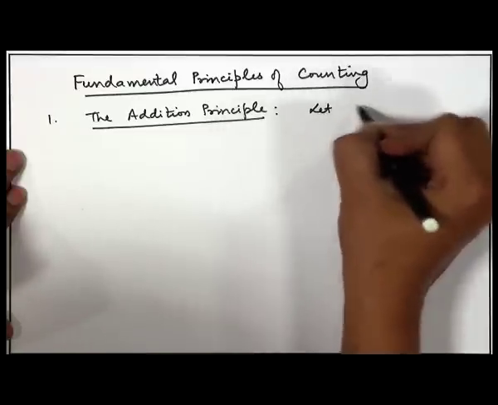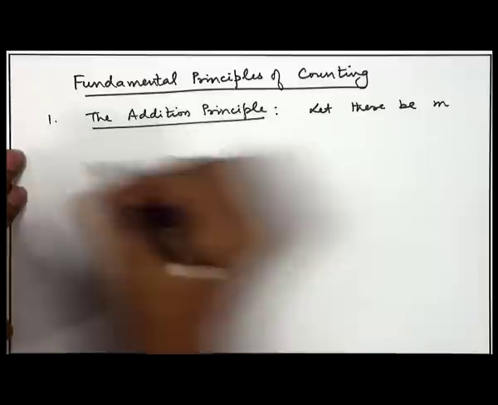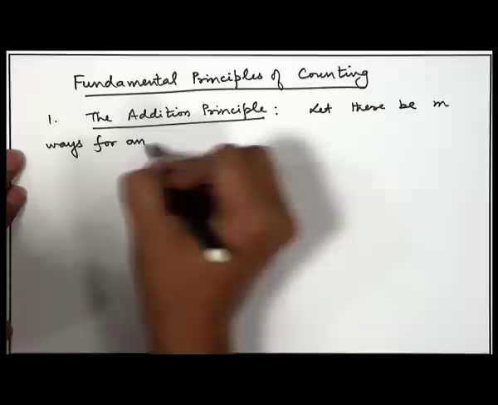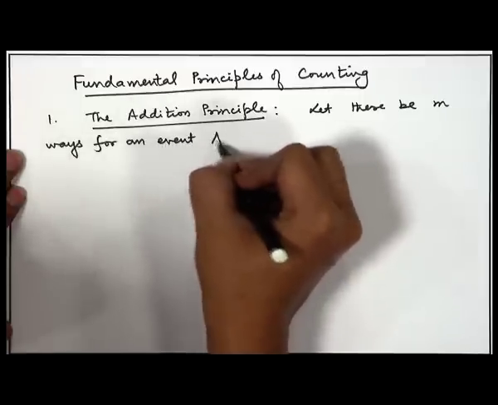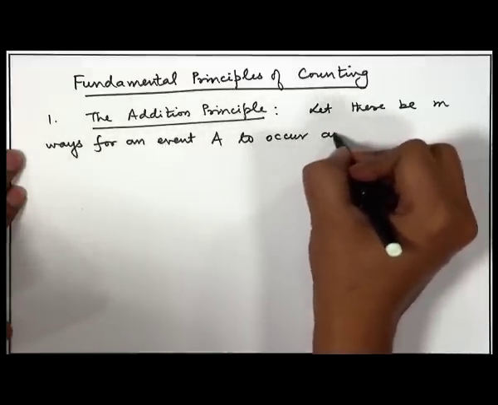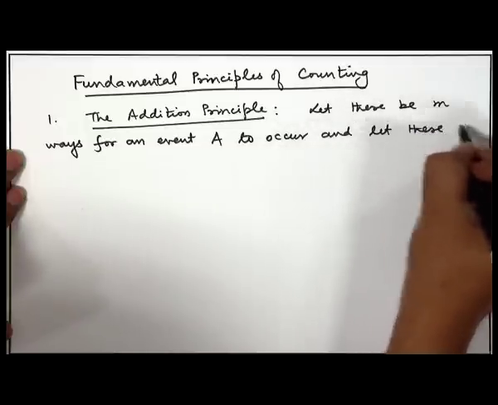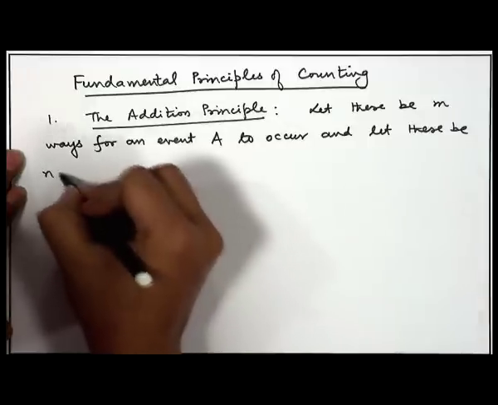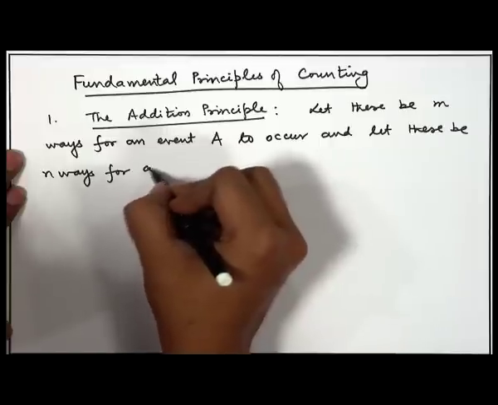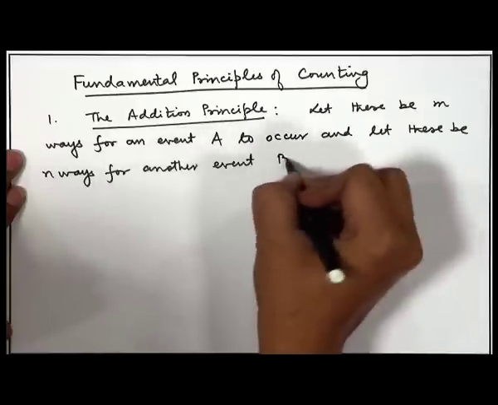Let there be m ways for an event A to occur, and let there be n ways for another event B to occur.